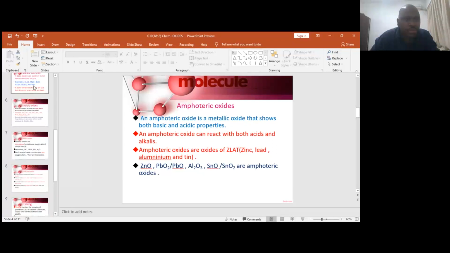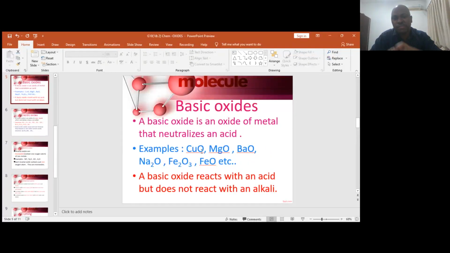And then we have basic oxides. So when you remove amphoteric oxides, the oxides of other metals like sodium oxide, magnesium oxide, barium oxide, iron 2 oxide, they are all basic. Don't forget, amphoteric oxides are also metallic oxides, but they react with both acids and bases, and we remember them by SLAT.